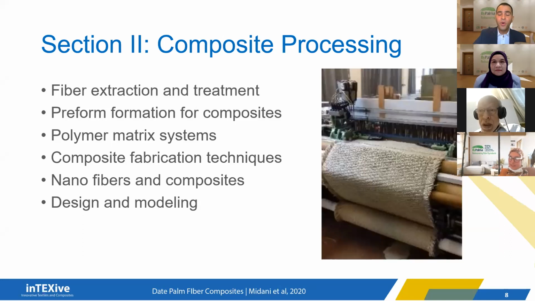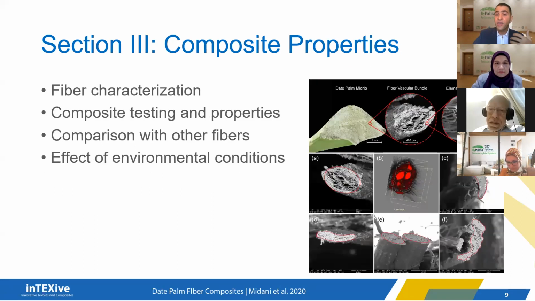The second section is on date palm fiber composite processing, including chapters on date palm fiber extraction and treatment techniques, preform formation methods for composites, different types of polymer matrix systems that are suitable for date palm fibers, as well as up-to-date composite fabrication methods that are compatible with date palm fibers, in addition to other topics like nanofibers and design and modeling.